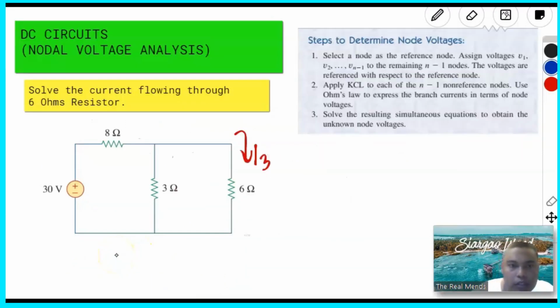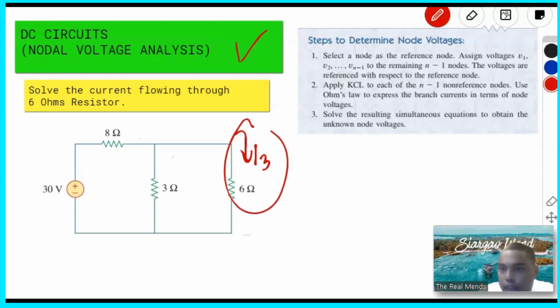Okay, next is the nodal voltage analysis. So solve the current flowing through the 6 ohms resistor. Again, the steps to determine the nodal voltage. First, select a node.